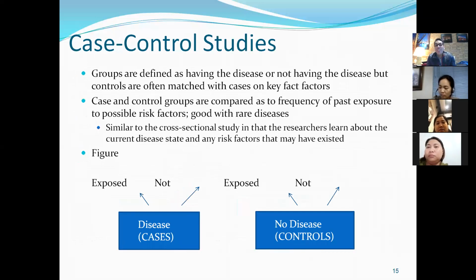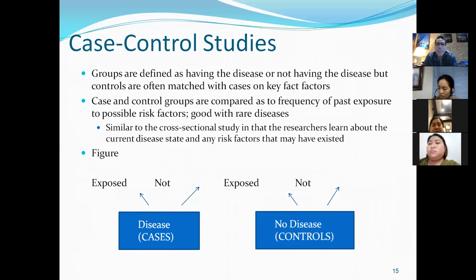Now, for case control, it's different. It looks very different. In case control studies, groups are defined as having the disease or not having the disease. You see, in the cohort, there was exposure first, and then determination of whether the disease occurred or not. Here, in case control, there is already disease.